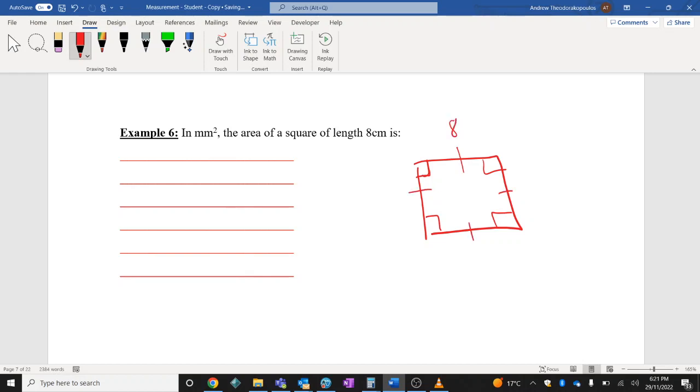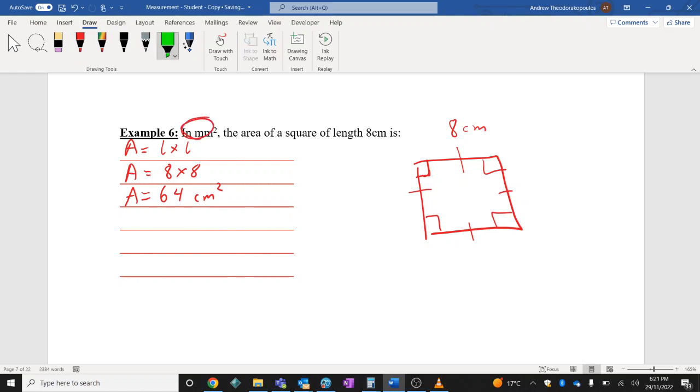And the length is 8 centimeters. So the area of a square is length times length, which means the area is 8 times 8, which means the area is 64 centimeters squared.